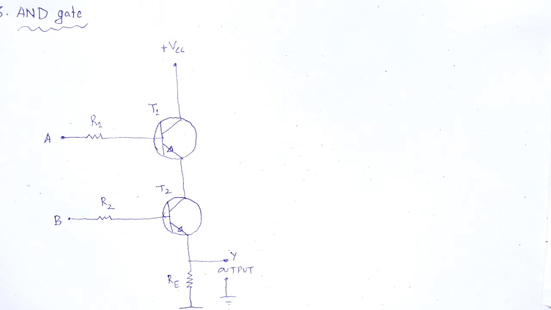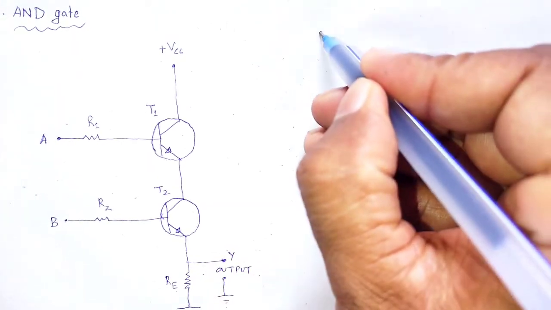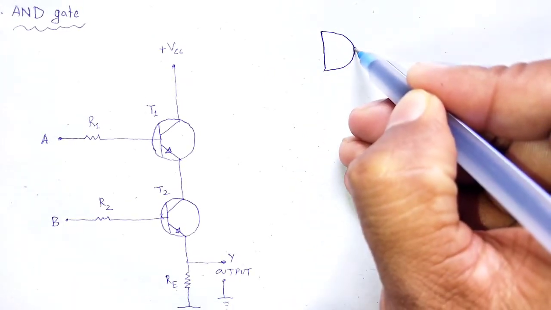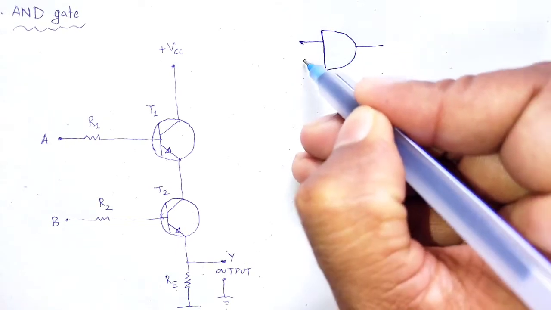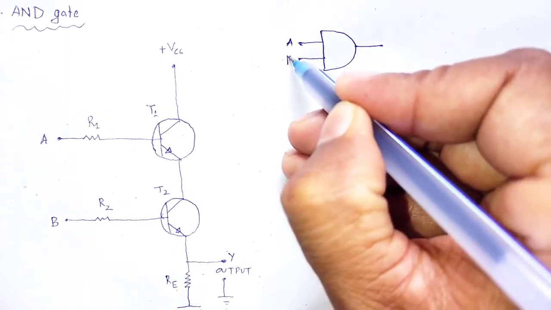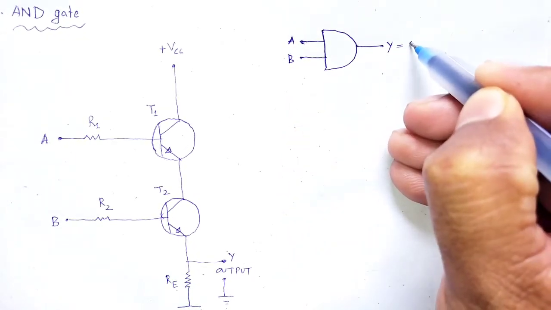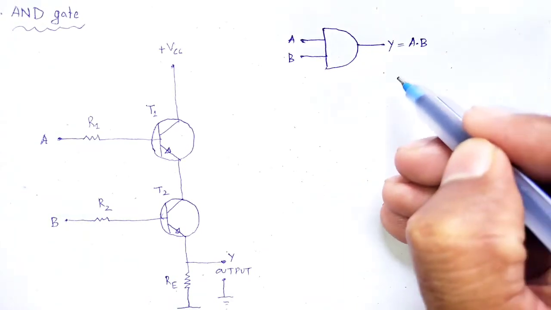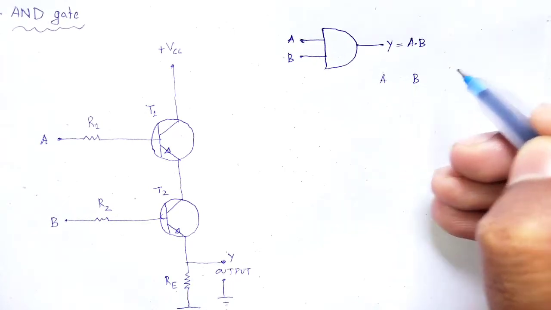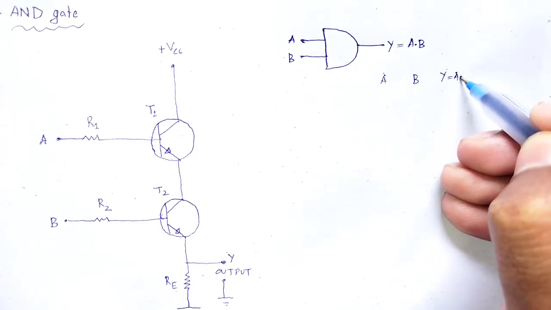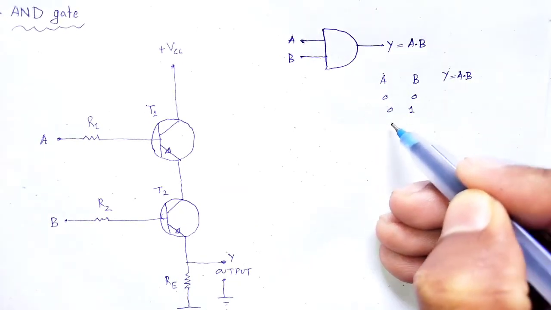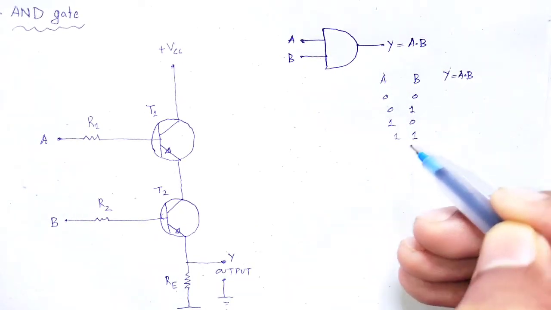For AND gate, the inputs are A and B and output Y is equal to A dot B. In truth table, A, B, output Y is equal to A dot B. Possible inputs 0 0, 0 1, 1 0, 1 1.